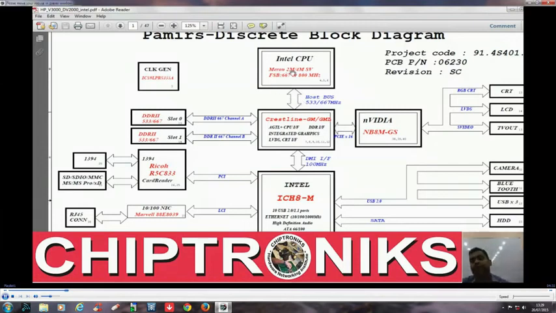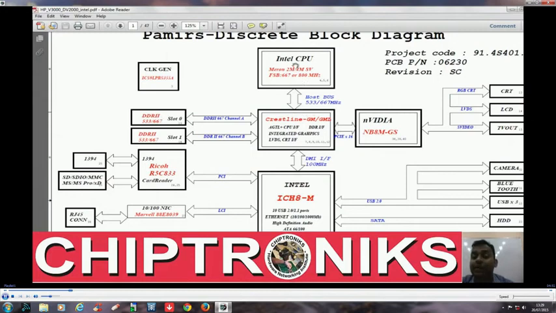The CPU has two kinds of speeds. One is its internal speed, which, since this is a dual core board, will be around 1.8 gigahertz, and it has an external frequency, which is the speed of the FSB.